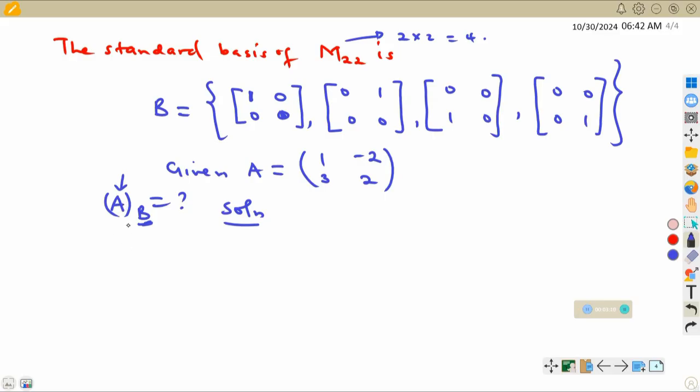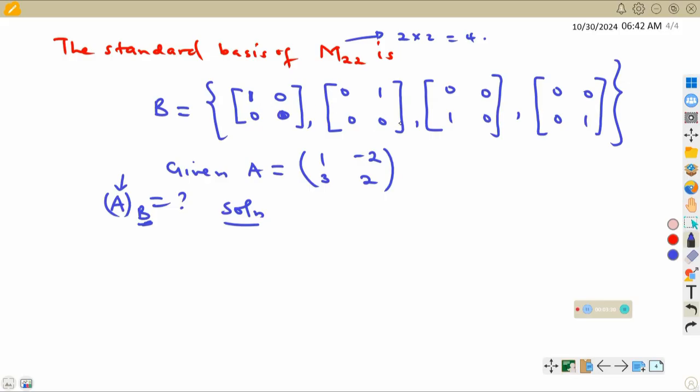For that case, we must seek some scalars such that we can write this matrix as a linear combination of these matrices. So we shall set A as a linear combination of these matrices using the scalars.